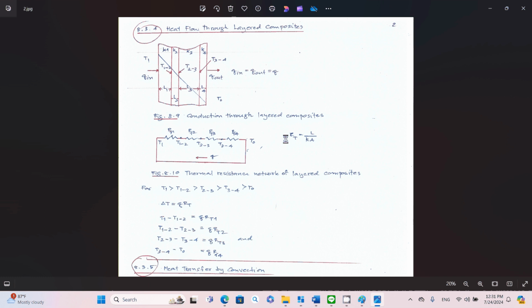Let's keep in mind your RT equal to L over KA. The heat will flow from higher temperature to the lower one. That means the heat flows from T1 to T0, where T0 is the ambient temperature or room temperature.